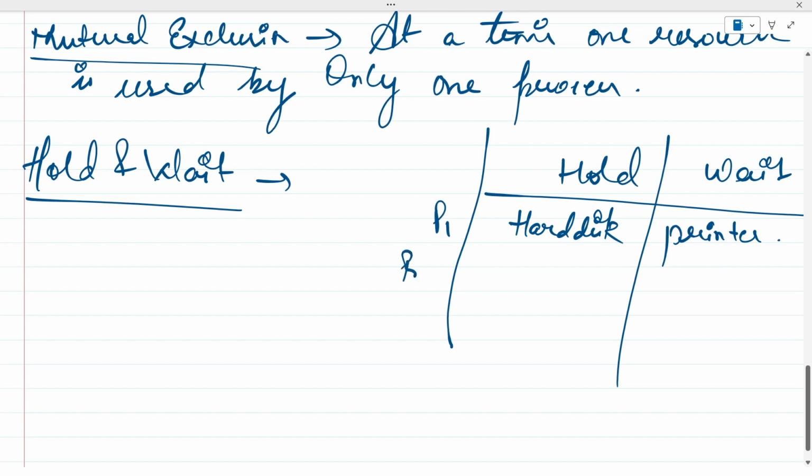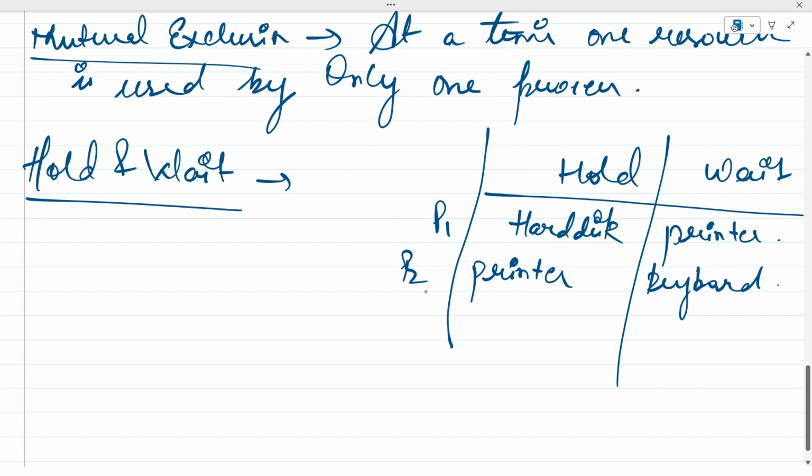And let's say we have a process P2 which uses the printer and waits for the keyboard. So here you can see that P2 has the printer and waits for some other resource for completion.